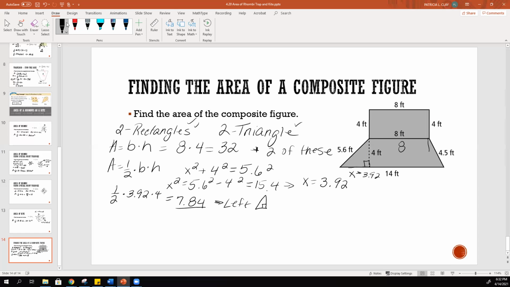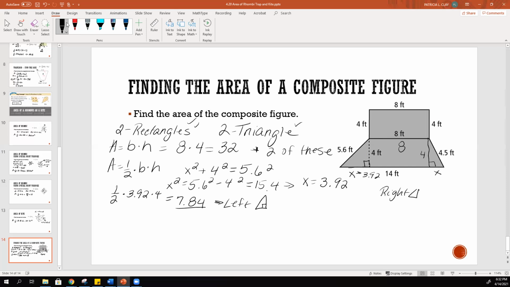Let's draw a little imaginary line right here and a right angle. If this height is 4 over here, that means it is 4 over there. Just like the other triangle, we need to find the base. I'm going to call this x. We've already solved for x on the other one, but we'll just call this one x over here. This is going to be the right triangle.